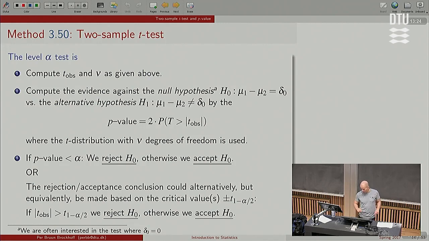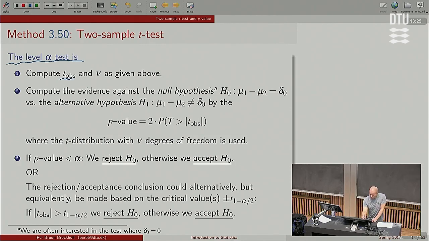Example. No, not example. Sorry. Here's the formal test, which puts everything into the formal method. The two-sample t-test. Sometimes, when we get later on, we might emphasize the independent sample, the independent two-sample t-test.